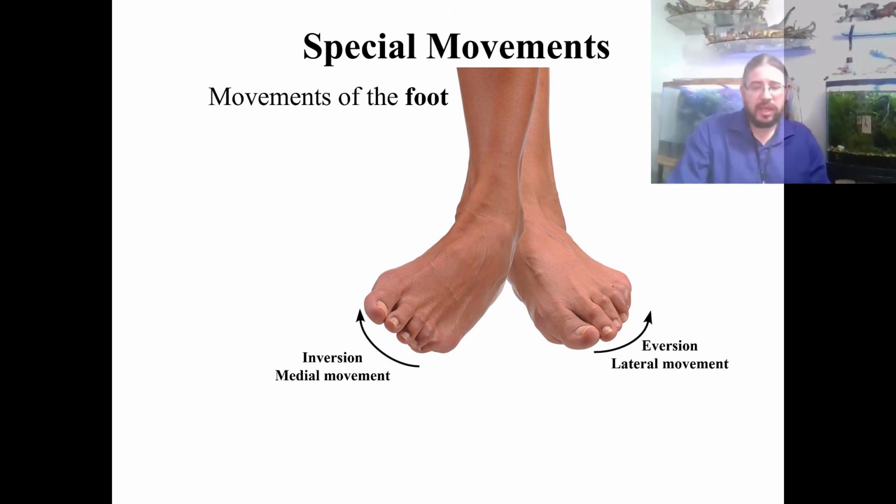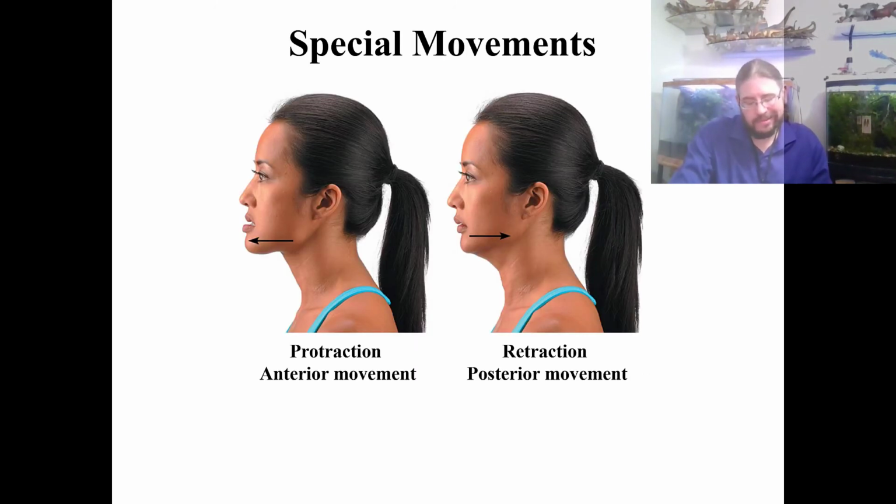Eversion, inversion. Then we have the mandible. So the mandible has two different special directions of movement, right? So you can push your mandible forward, and that is protraction.